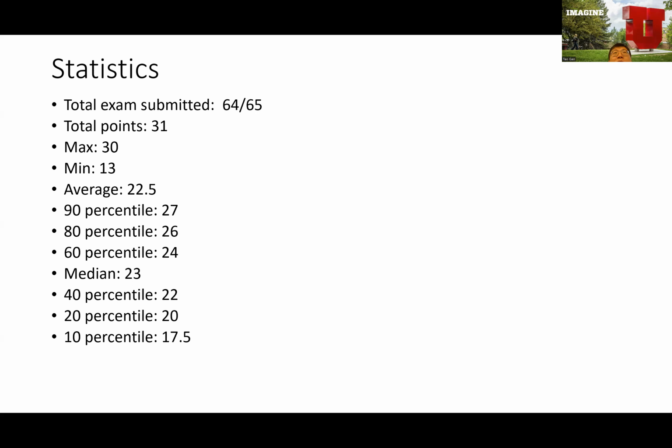The 80th percentile is 26, 60th percentile is 24, the 50th percentile, or the median, is 23, 40th percentile is 22, 20th percentile is 20, and 10th percentile is 17.5. Okay, so that's just some statistics.